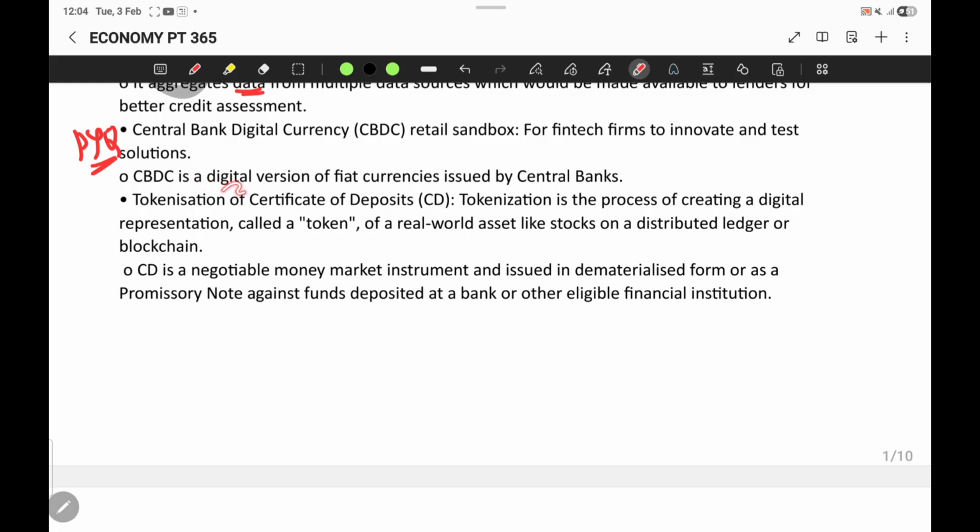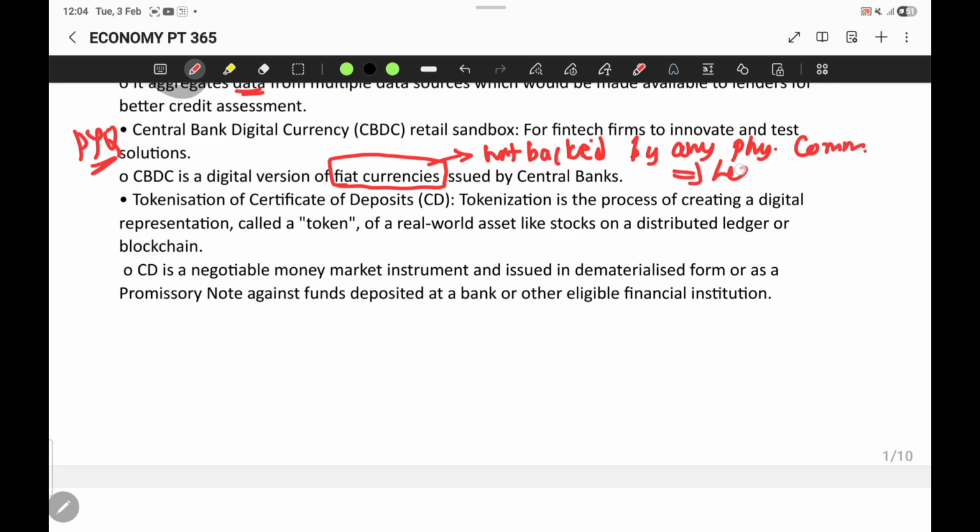CBDC is a digital version of fiat currencies. What do you mean by fiat currency? Fiat currency is nothing but currency which is not backed by any physical commodities, but it is legal tender.